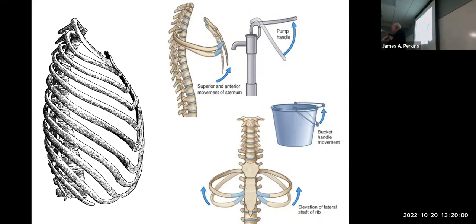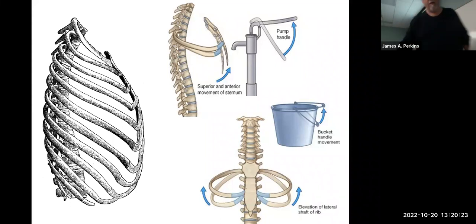I was actually looking online to see if I could find a good picture of one of those cheap Halloween skeletons you can buy as a decoration. Oftentimes their ribs will go around the body in a perfectly horizontal plane, from back to front. Real ribs don't do that. Real ribs actually dip down on the sides. And this is what's described as a bucket handle phenomenon.